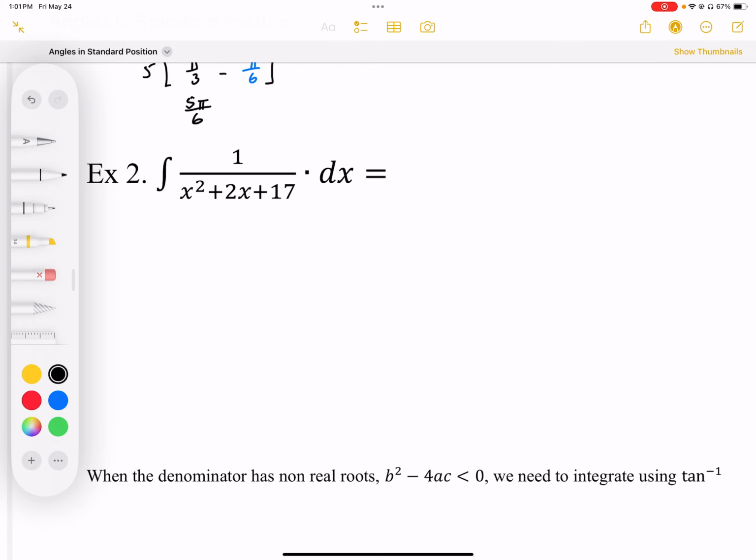So I'm going to test my discriminant here. b squared minus 4ac, that's going to be 2 squared minus 4 times a times c. When I work that out, it's going to be 4 minus 68. And the fact that it's negative means that this has non-real roots. Okay, so it's got non-real roots.